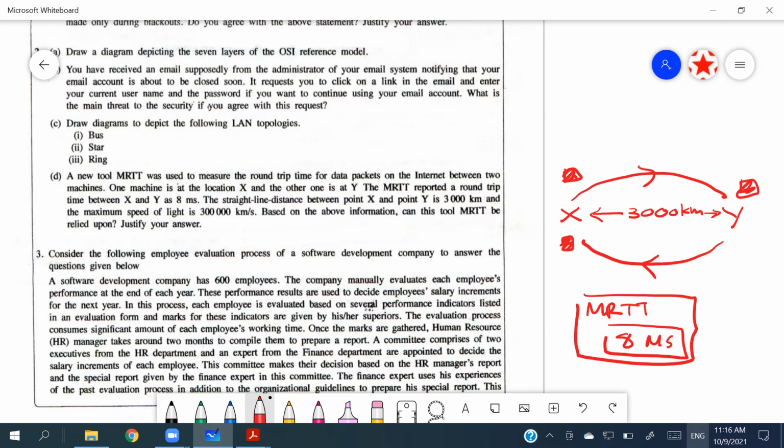So you are asked whether this particular MRTT device is reliable or not. Right?